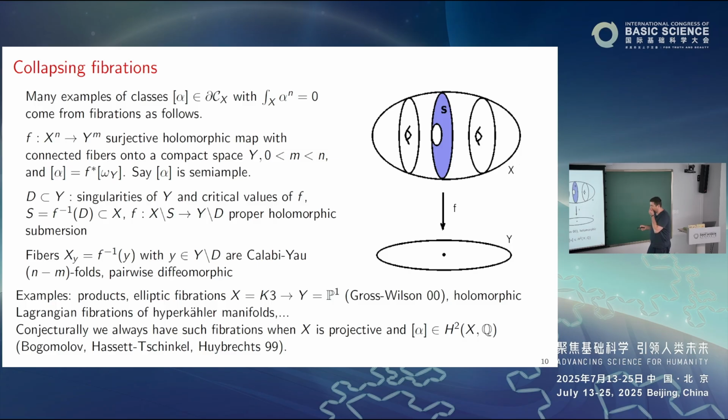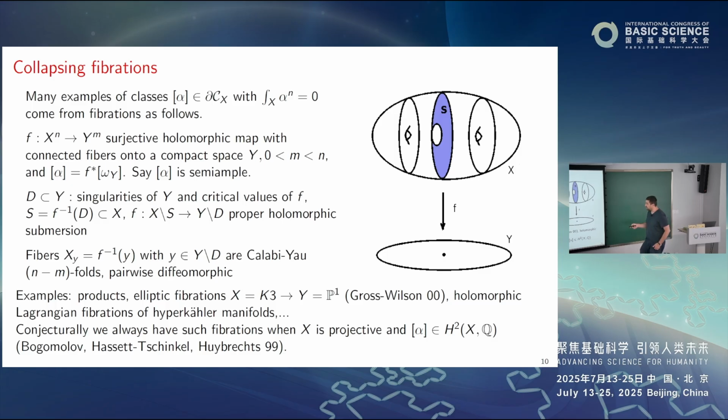Non-trivial cases will be elliptic fibrations, where X is a K3 surface which admits a non-constant holomorphic map to P^1. So then this picture is exactly this, and the generic fiber is an elliptic curve. And the collapsing setting that I discussed was studied here by Gross and Wilson in a famous paper in 2000.